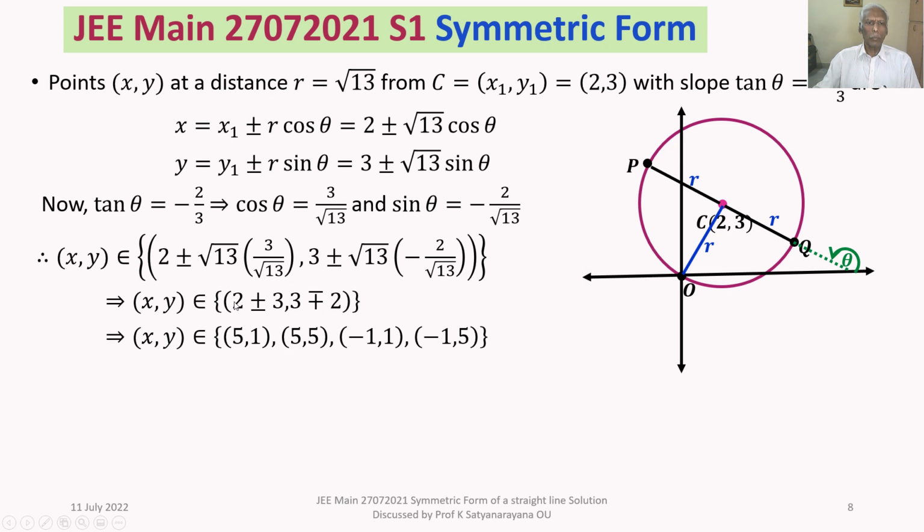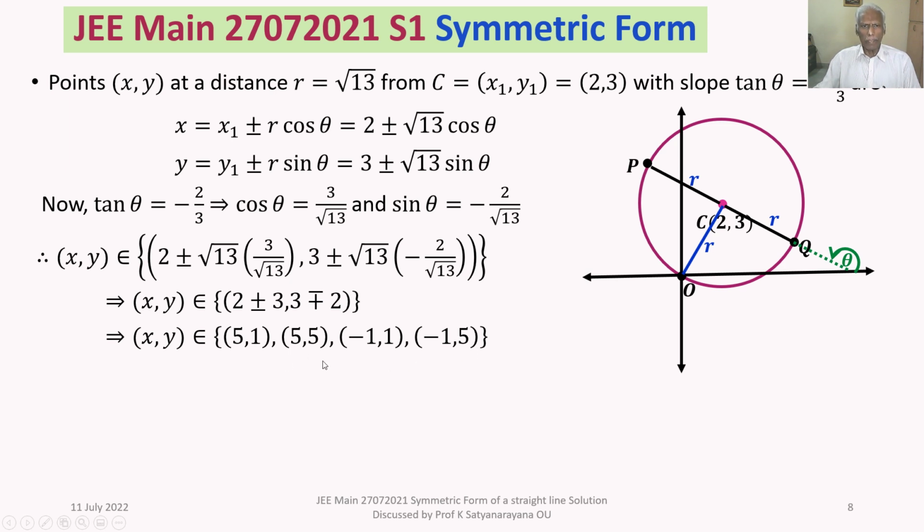Next point, (2 plus 3, 3 plus 2), that is (5, 5). And (2 minus 3, 3 minus 2), that is (-1, 1). Next point, (2 minus 3, 3 plus 2), that is (-1, 5). So these are the 4 points we got.